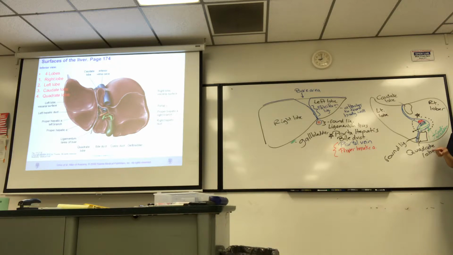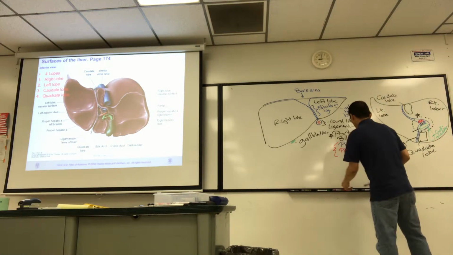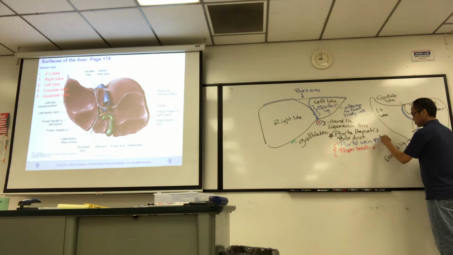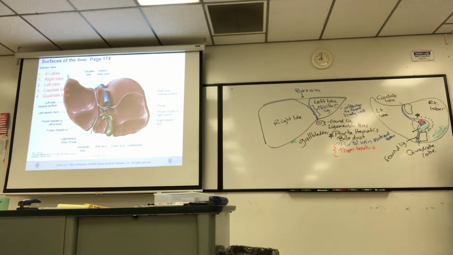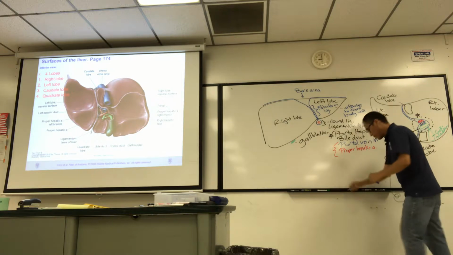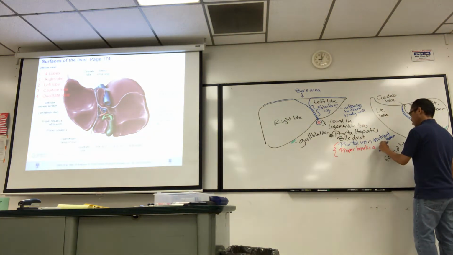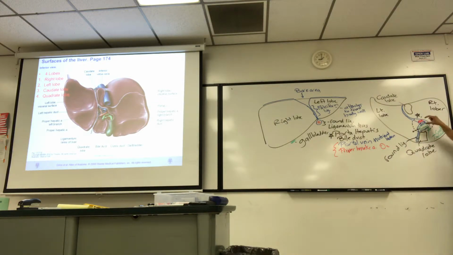It's laden with all the products of nutrition. Nutrient-laden blood. But the proper hepatic artery's got the O2. So again, the one umbilical vein, it's got the oxygen and the nutrients. So we've got the O2, and basically that's why the blood is entering.